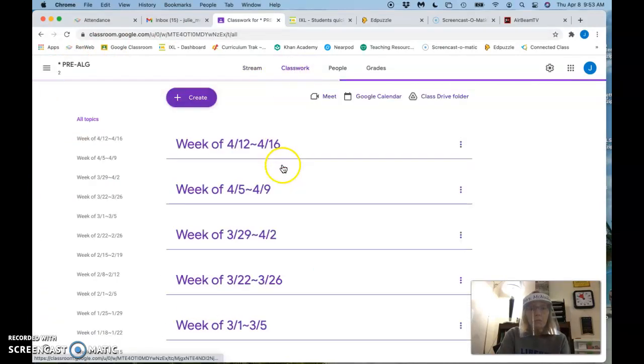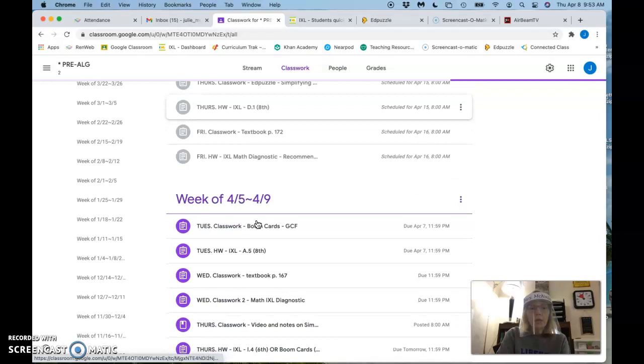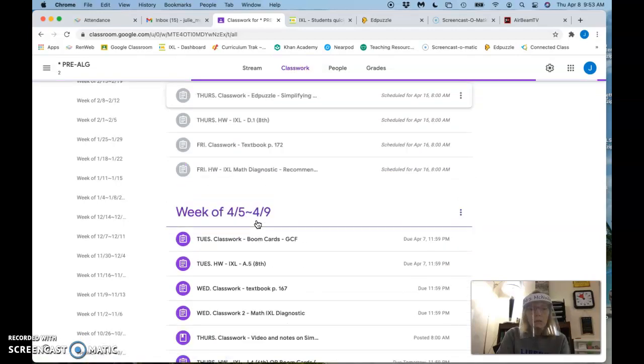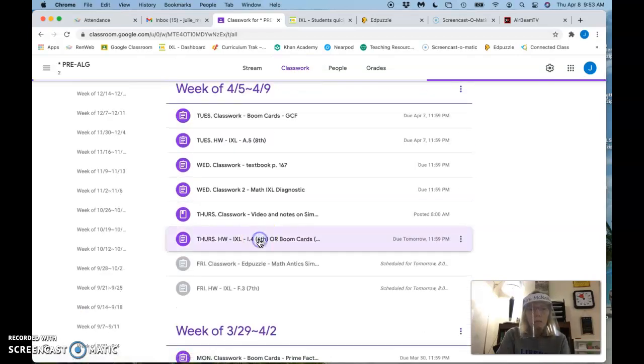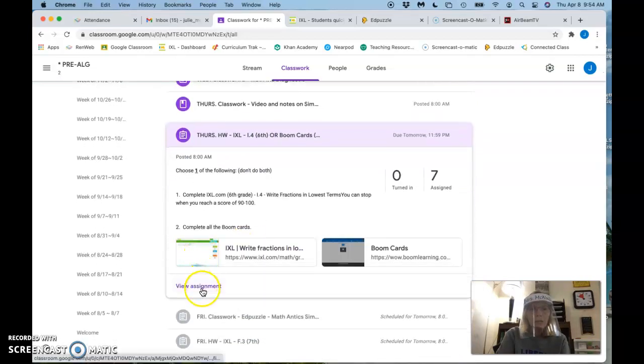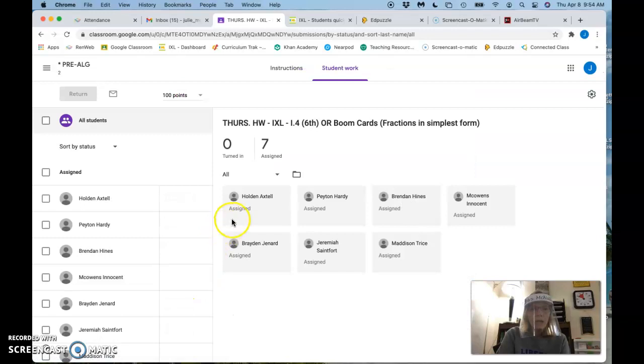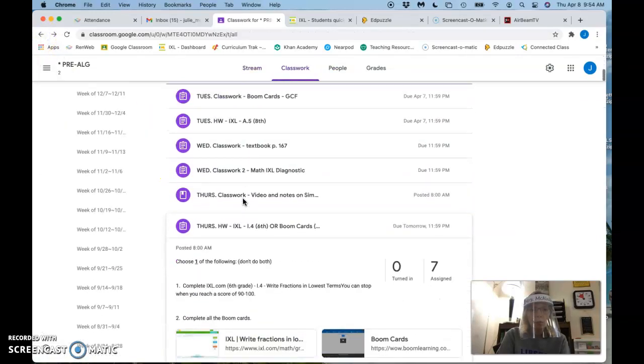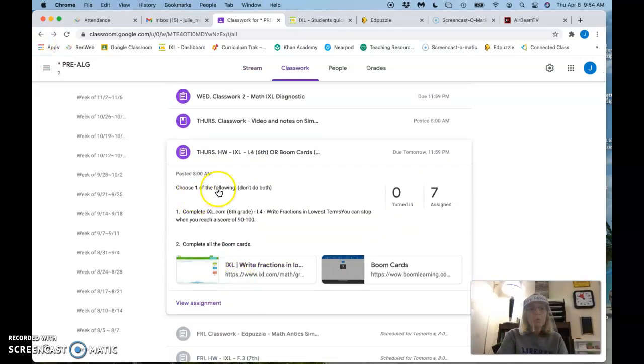You will see under Thursday homework that you have a choice today. This is the assignment, and it says, hold on, that didn't work. It says choose one of the following, do not do both.